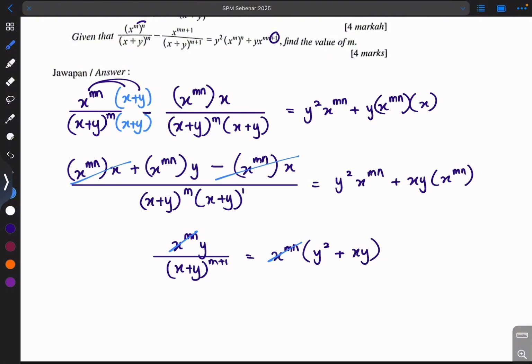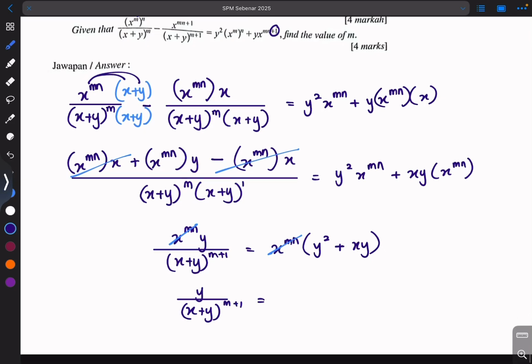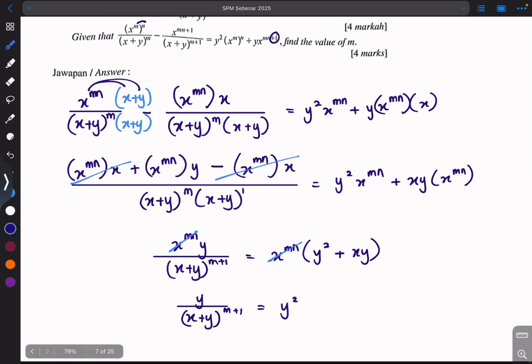So we'll be left with y over x plus y power m plus 1 equals to y square plus xy. Oh, actually here y also we can factor out. So we'll get y plus x. Then this y also we can cross out.